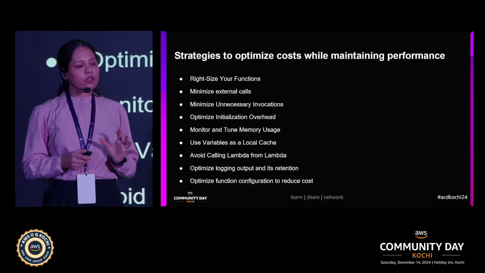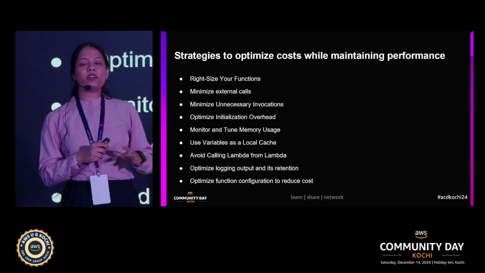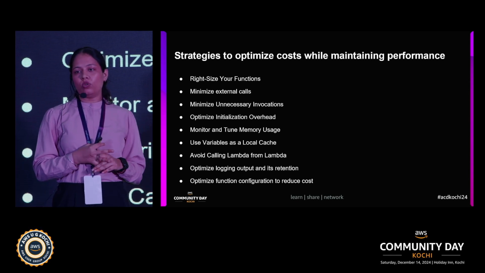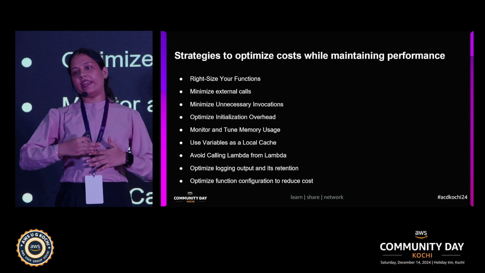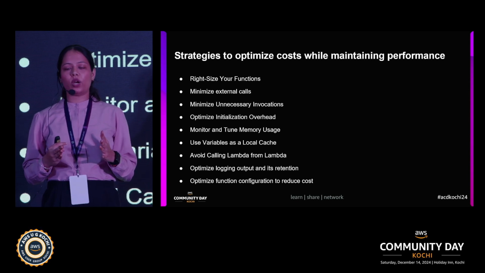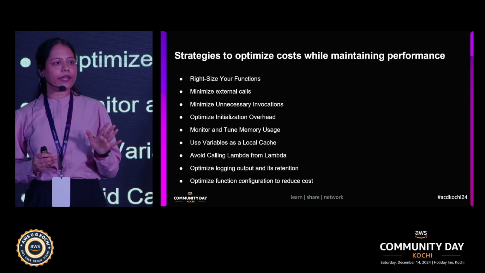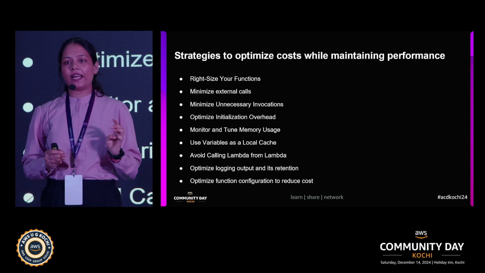I'll just take 2 more minutes of this. So what will be the strategies in defining the serverless architecture? Whenever you're defining any serverless resource, you cannot give it the maximum, because whenever it will be hitting the API, you will be getting a cost for it. And it's not like it will hit the API only once in a day.